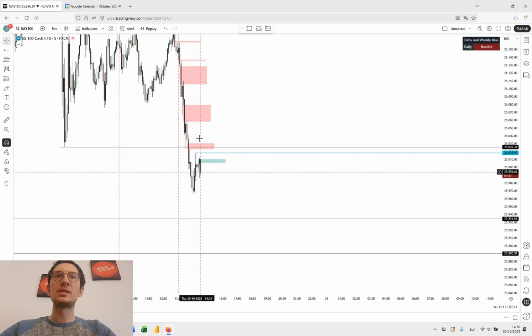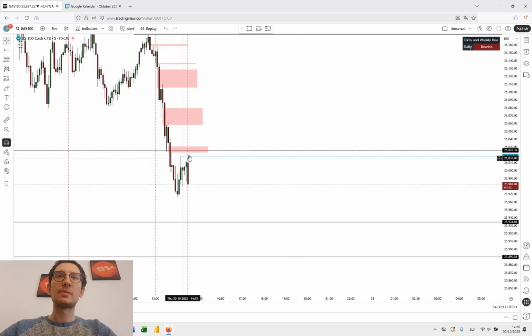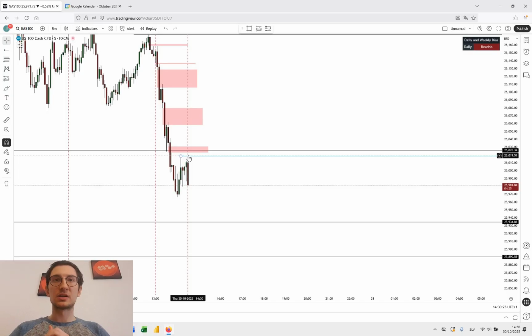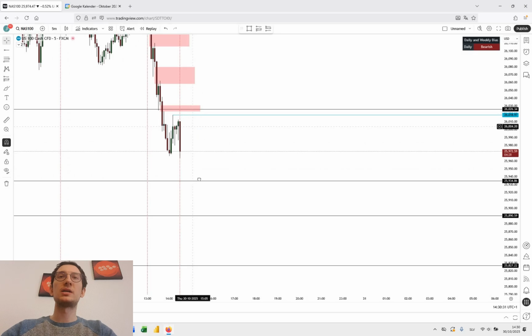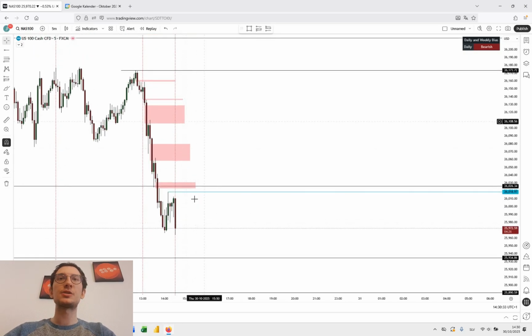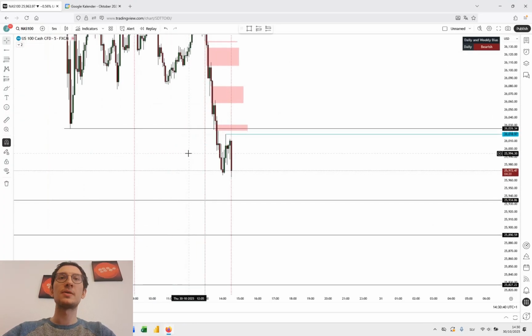So now we are waiting for the price to maybe go up. When the price goes above this blue line, it means it broke structure, and that means we have a potential for a trend reversal. Right now we are in a bearish trend, but if we close above this line, then we are in a bullish trend, and then we can catch a trade and hit all of those targets here on the top.